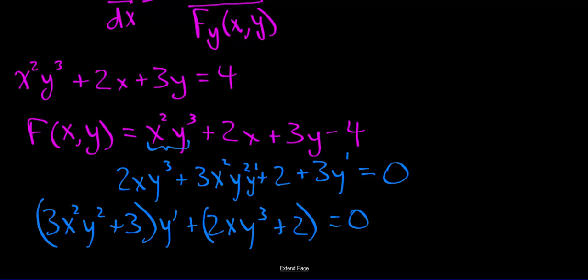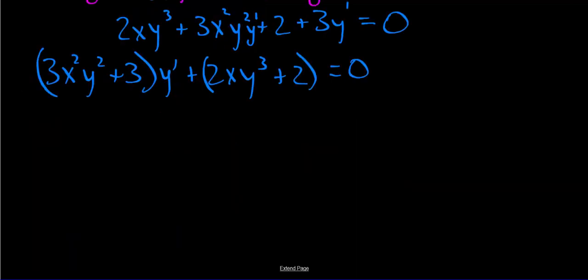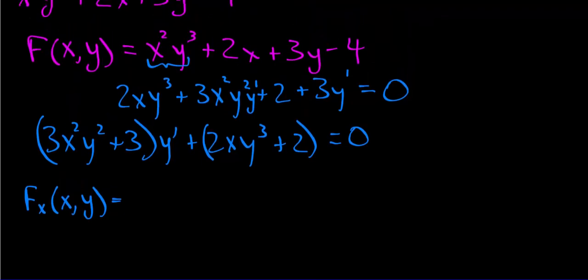Now, let's think about this right here: 2xy cubed plus 2. If I took the partial with respect to x of this original up here, I would take this first term, and this would be 2xy cubed plus 2. That's the partial with respect to x. Well, that's what this is right here.